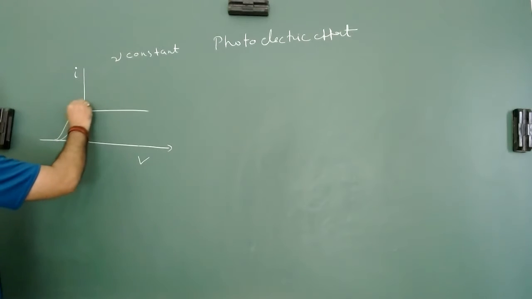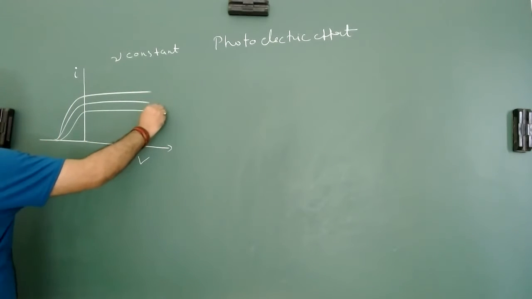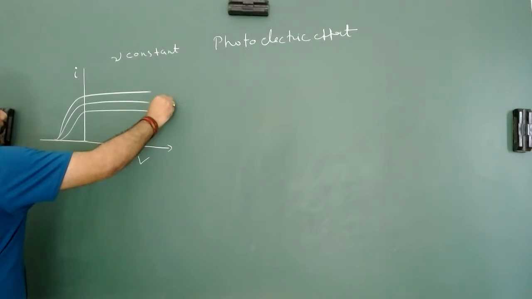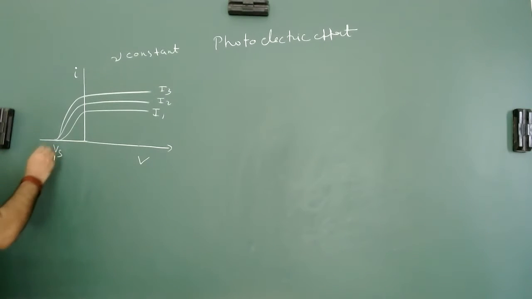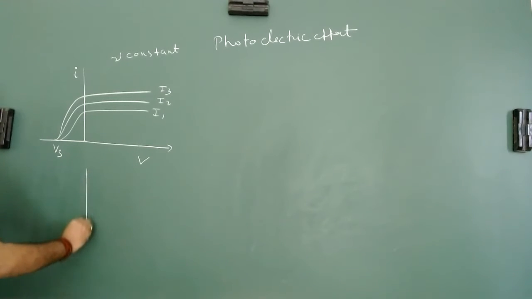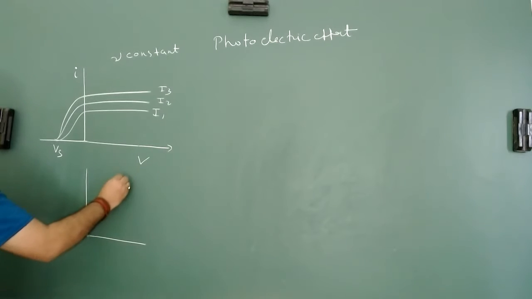So this curve is something like this. This will be I1, this will be I2, this will be I3, and this will be the potential Vs. This is negative potential.